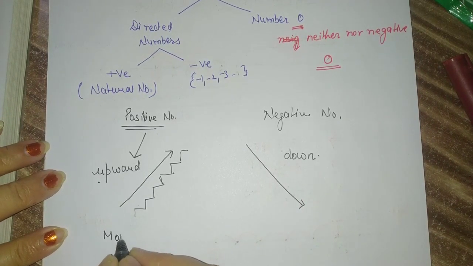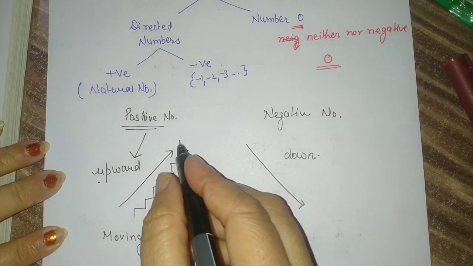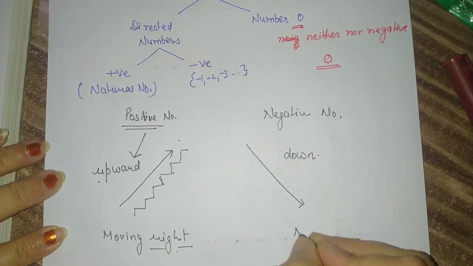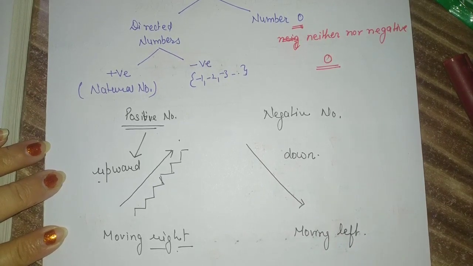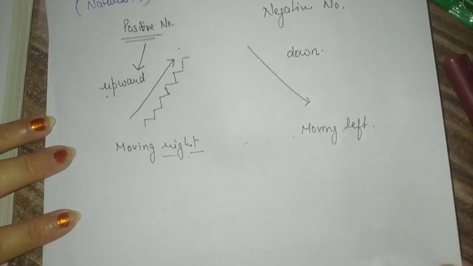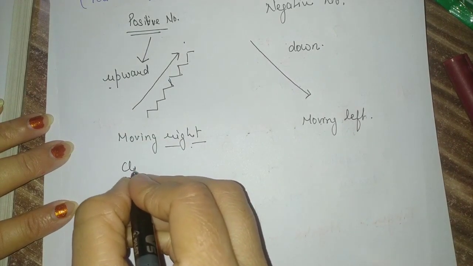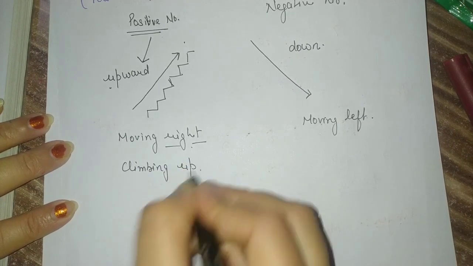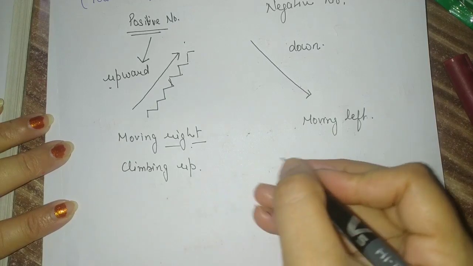The next term is moving right. Moving right is a positive number, but right's opposite is left, so moving left is our negative number. Okay, students? Then if we are climbing up, that is our positive number. What is the opposite of up?